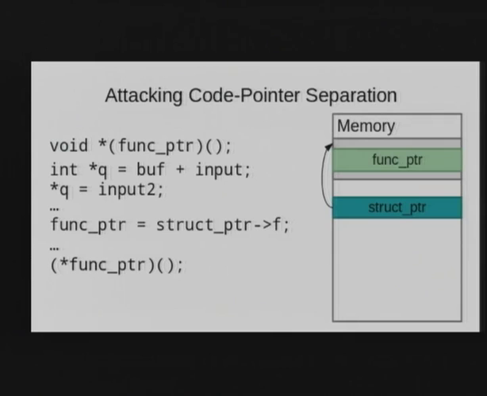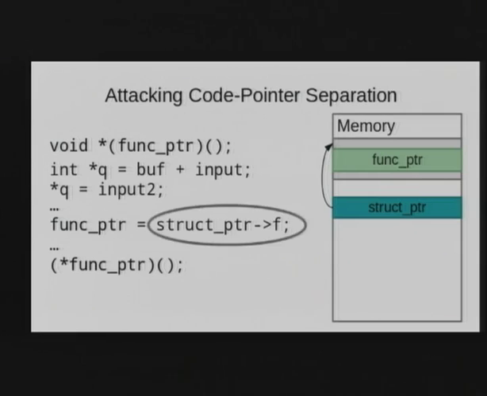In this example, we have our function pointer again from our motivating example, but the function pointer is assigned through a struct, and the attacker again has control over our pointer and can set the memory location and the actual value that is used. So we do know that the attacker cannot modify the function pointer itself.